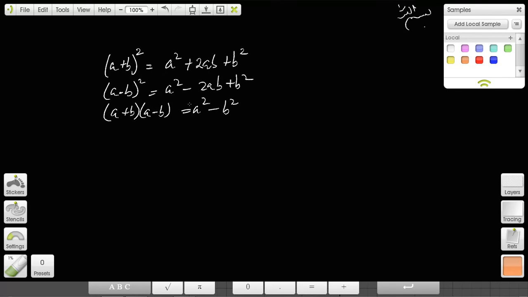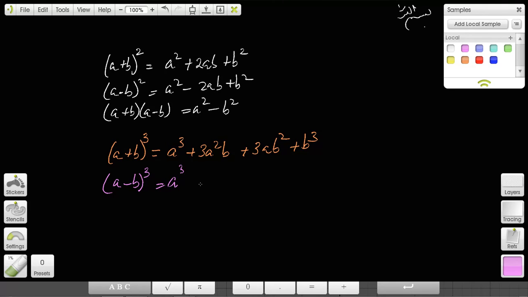Okay, and the binomial cubed is what we learned today. (a plus b) cubed is going to be a cubed plus 3a squared b plus 3ab squared plus b cubed. And finally, (a minus b) cubed is a cubed, the bookends, minus 3a squared b plus 3ab squared minus b cubed. And those are the formulas that we have learned new.